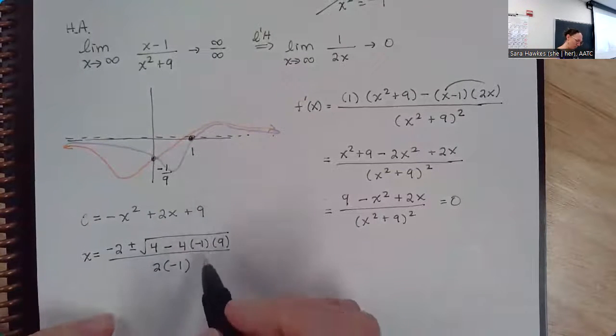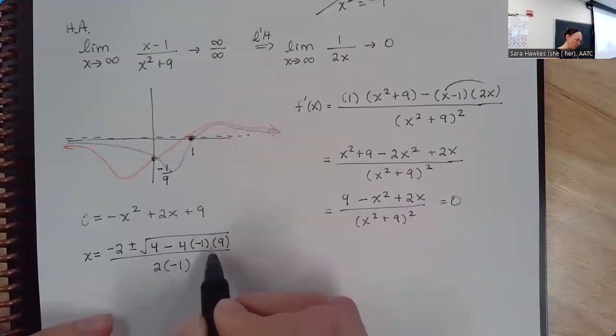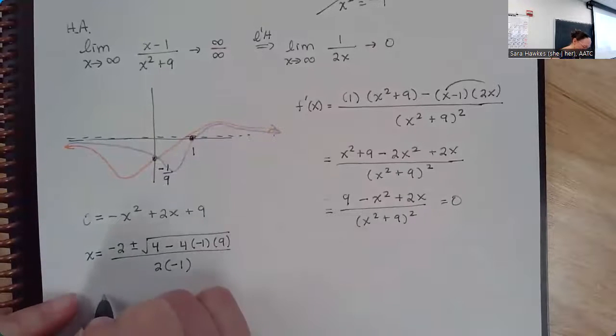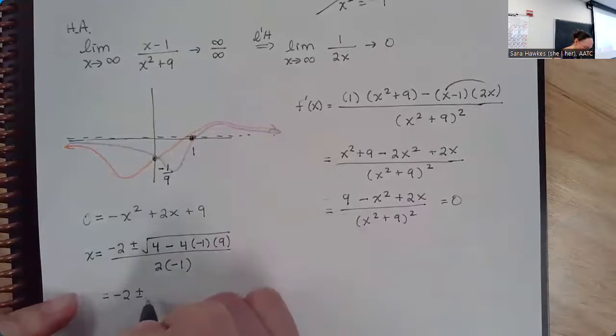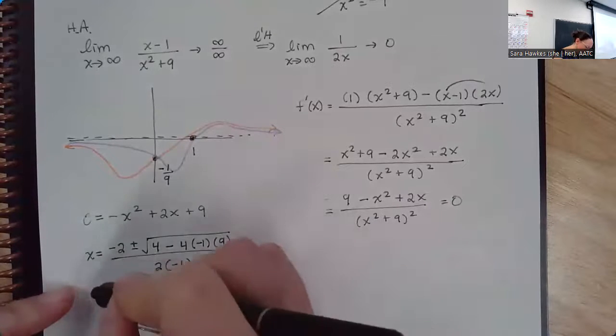Underneath that square root, 9 times 4 is 36, plus 4 is going to give me 40. So I've got negative 2 plus or minus the square root of 40 over negative 2.